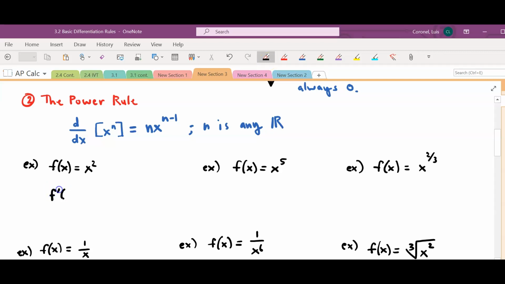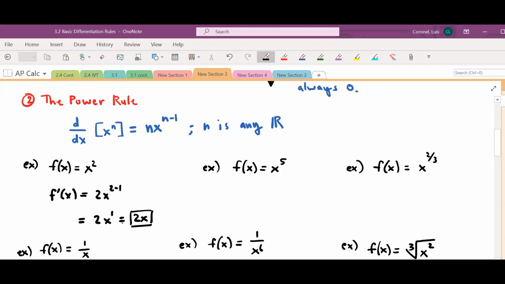But if you find the derivative, take the power, bring it to the front, subtract 1. So it's just 2x. If you want to show the subtraction of 1, you can, but I find that you don't need to. You could just subtract 1 in your brain. 2 minus 1 is 1, and that's an invisible 1. You don't need to put the invisible 1, but that is your derivative, 2x.